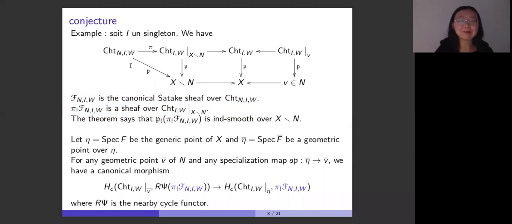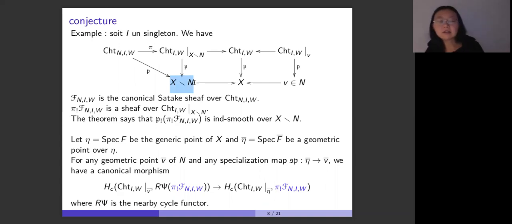So this one, we have the direct image of this sheaf on shtukas without level structure. And the theorem on the last page says that the direct image of this sheaf is ind-smooth outside the level.